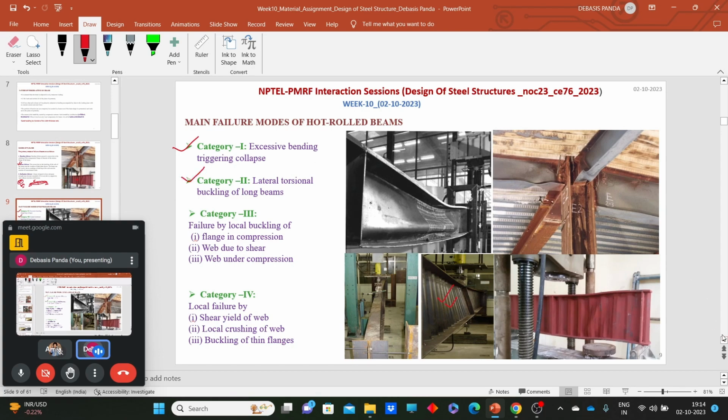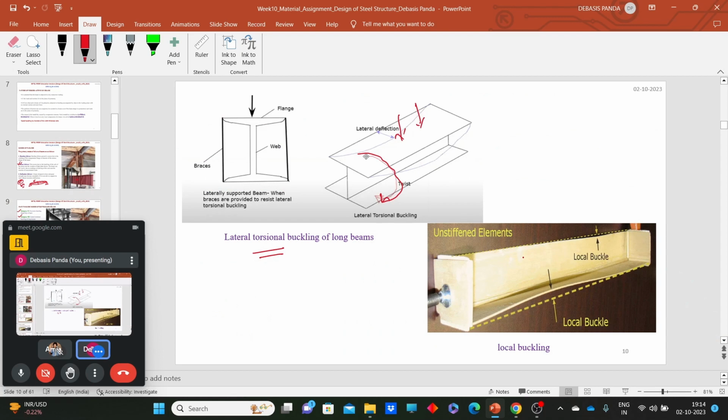Locally, the elements can fail, like local buckling of the flange. It is not overall buckling, but the flange may deflect or buckle. So there may be a chance of local buckling of the flange, as well as other kinds of local buckling, like in the web portion. Crippling of the web or buckling of the web can occur.